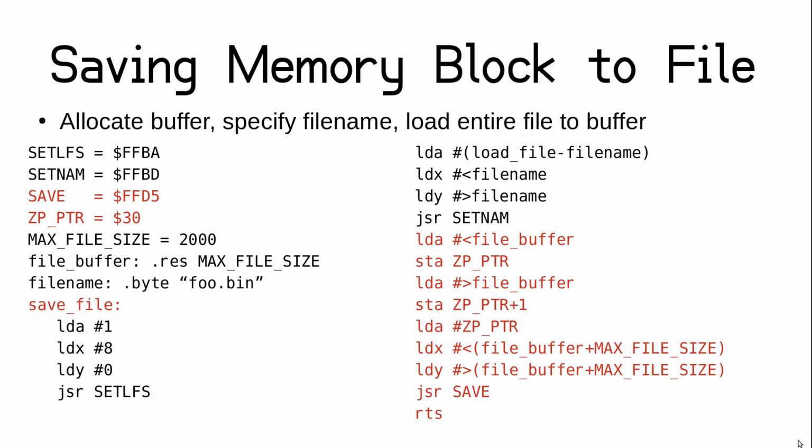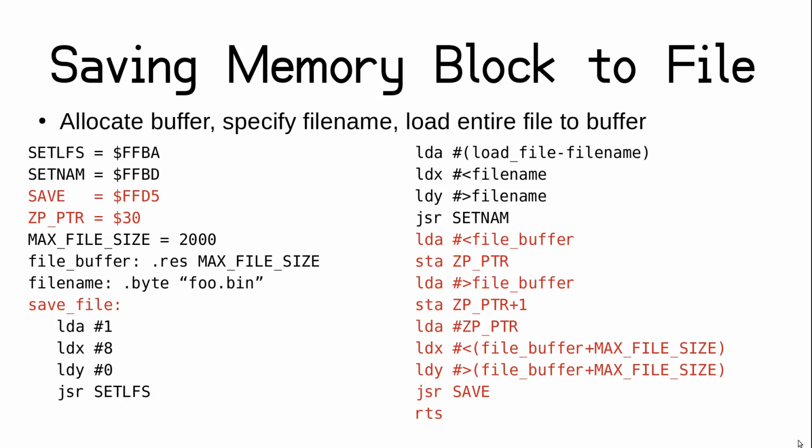Now we're going back to that last code we saw to modify it for saving data to a file instead of loading it. Again, we define the addresses of SETLFS and SETNAME in addition to save, but then we also need to set up a couple bytes on the 0 page to store a 16-bit address. We go through the SETLFS and SETNAME, same as for load, but then we have to do a little setup before calling the save subroutine.